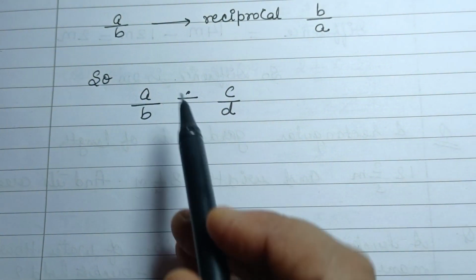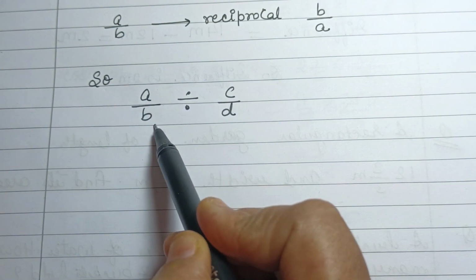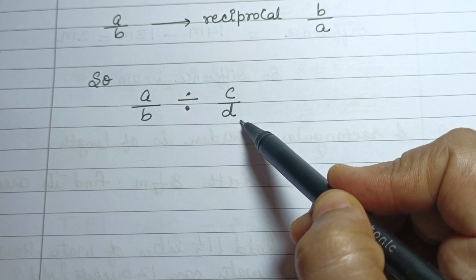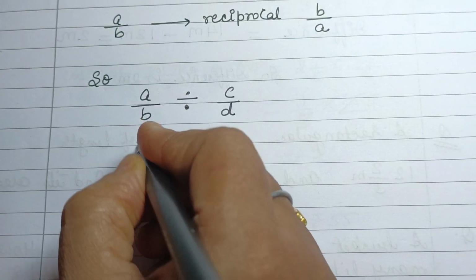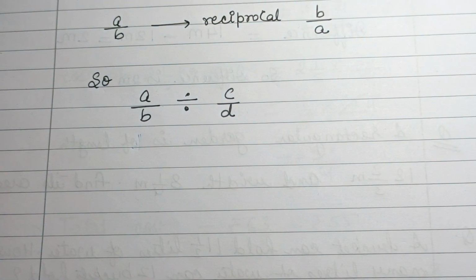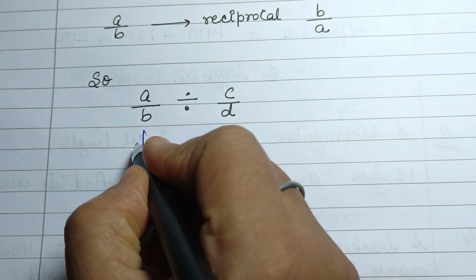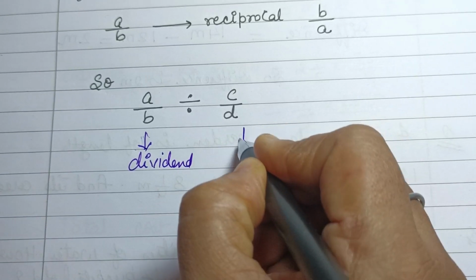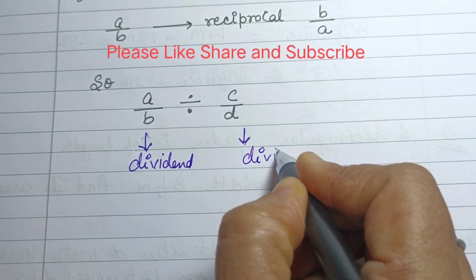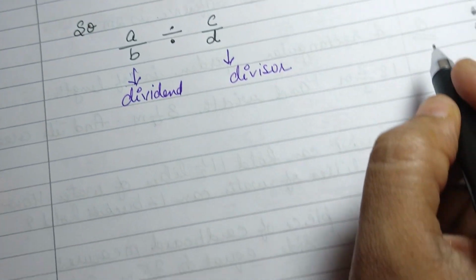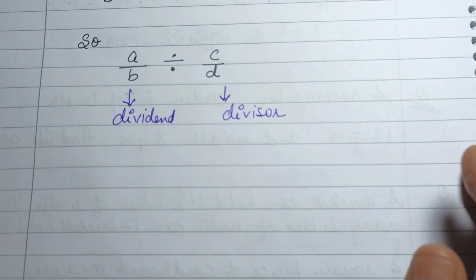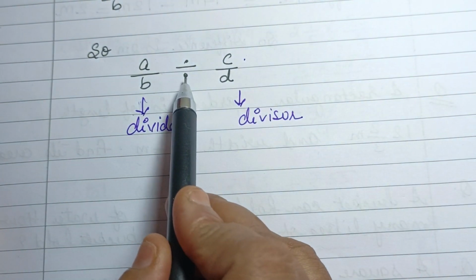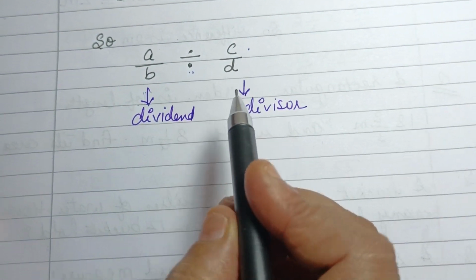Okay, there are two fractions. The first fraction is a upon b, which is divided by the second fraction, this is c upon d. So this particular fraction is your dividend, while this is your divisor. So the rule of division says that take the reciprocal of this divisor and change this division sign into multiplication.